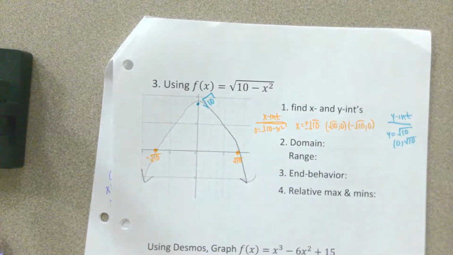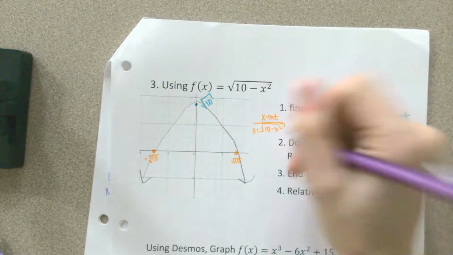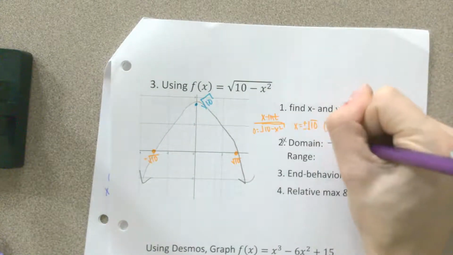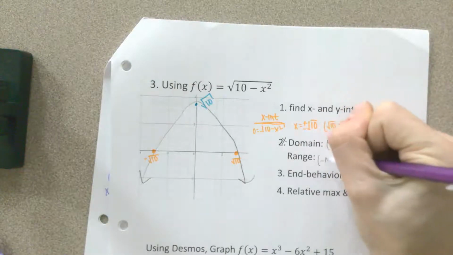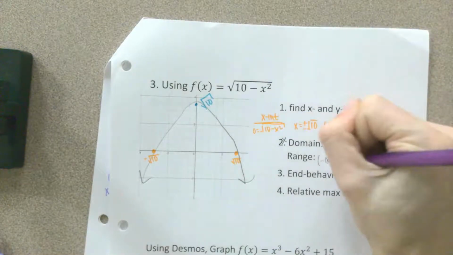So this is a pretty similar looking graph to the last one. Our domain, our x values, are still negative infinity to infinity. Our range is from negative infinity to square root 10.